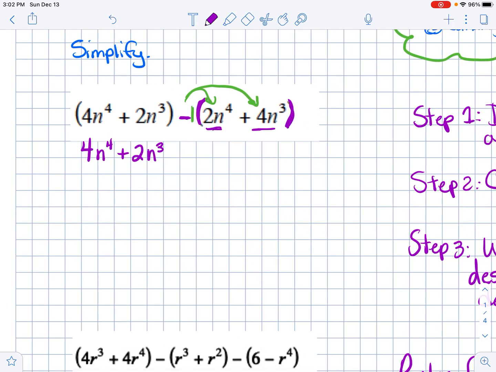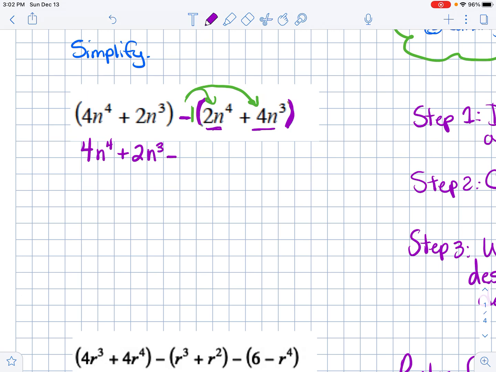Remember, we just wrote the first expression down because nothing was happening to it. The second expression now is going to get multiplied by -1. So -1 times 2n to the fourth is a -2n to the fourth. And when we write down a negative, we want to express that as a subtraction.